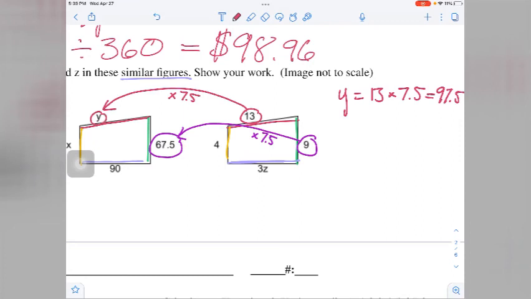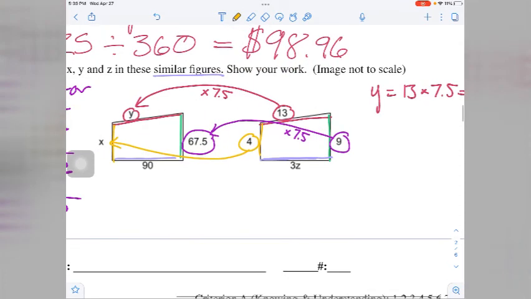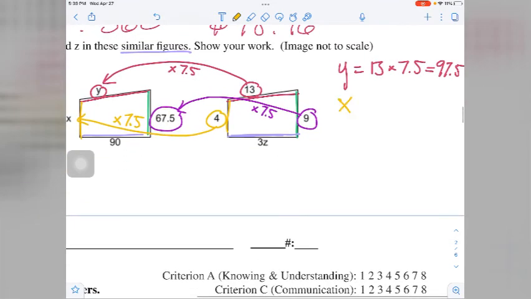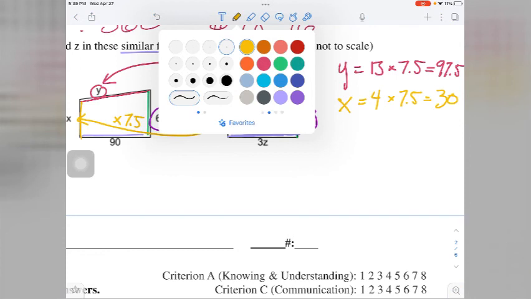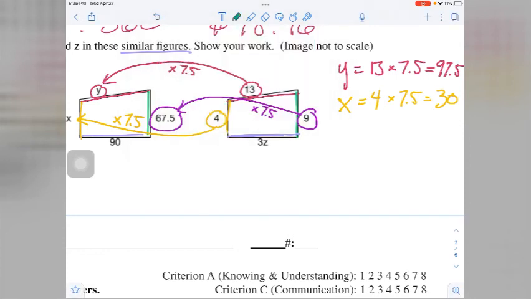So now I know that y is equal to 97.5. And now I have enough information to solve x. x is equal to 4 times 7.5, which is 30. And if you got those ones right, you're probably in the 7 range right now.